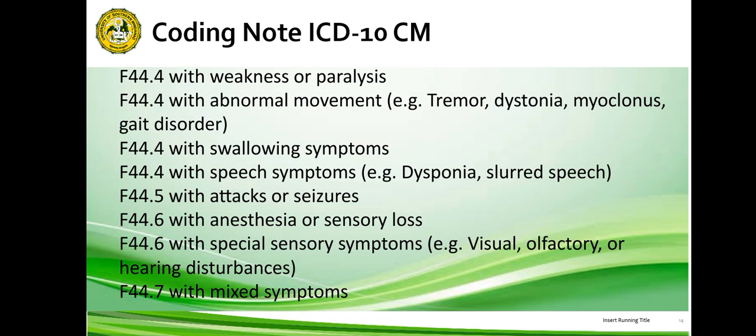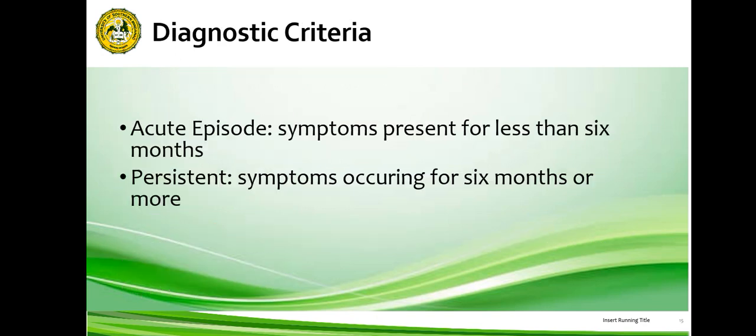To specify it, it is an acute episode when the symptom is present for less than 6 months, and persistent when the symptoms are occurring for 6 months or more.